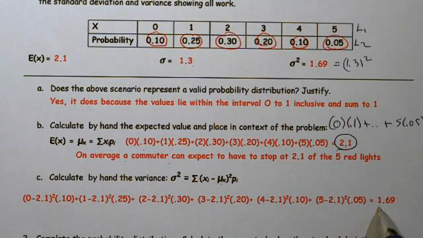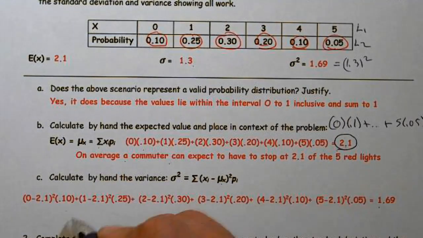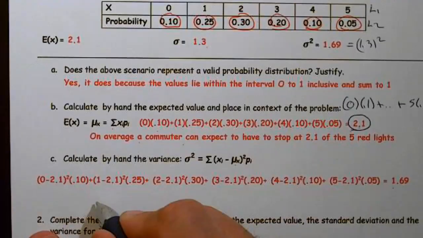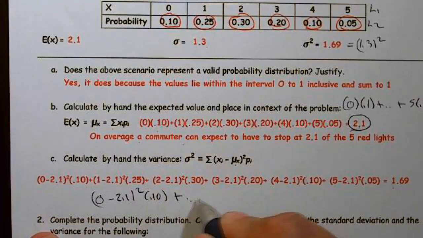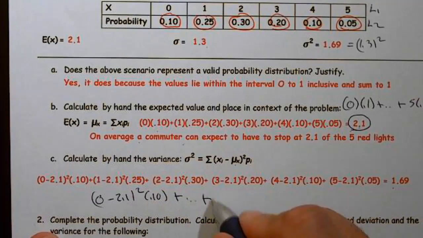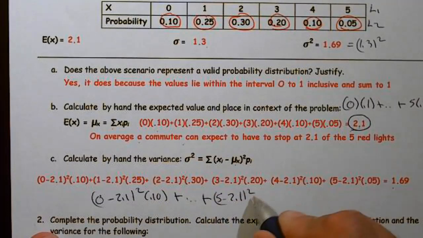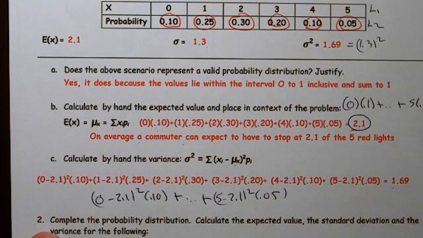Once again, I could also bookend this, and in bookending this, I would just go 0 minus 2.1 squared times 0.1 plus, plus 5 minus 2.1 squared times 0.05. And that would be adequate work shown for the variance.